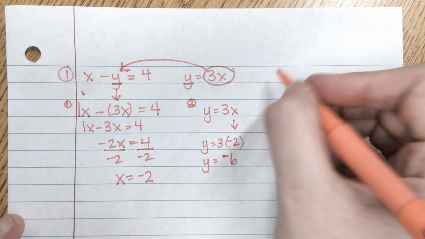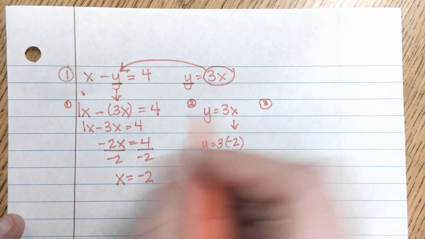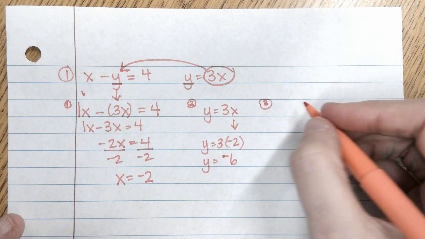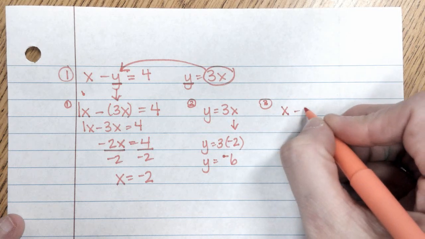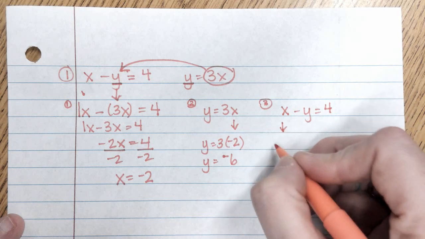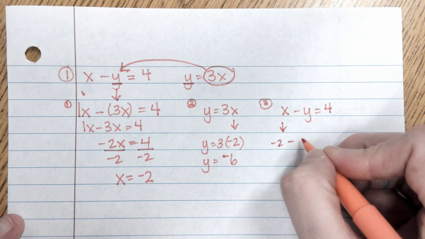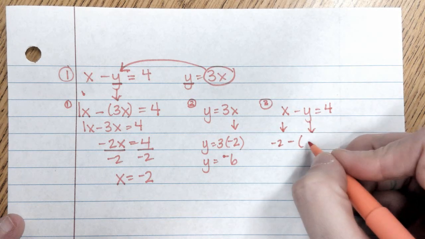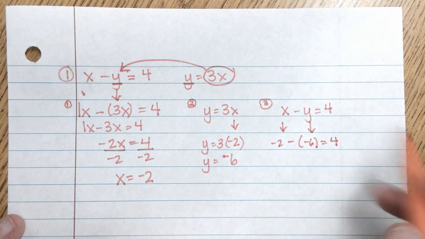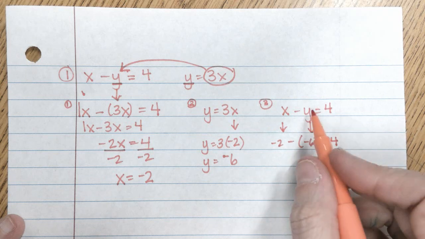Now, my third step is to use my remaining equation to check and see if that's right. So I have x minus y equals 4. x is negative 2. y is negative 6. Now, notice I was very careful to substitute this into parentheses.